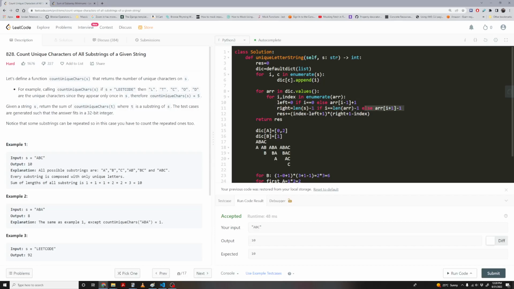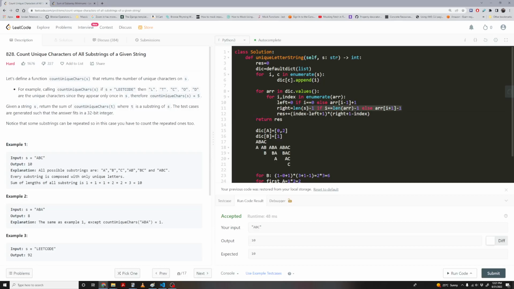But for other ones, for this one, what is the right hand side? It's going to be this value 2 minus 1, which is 1. So if we are considering the right hand side for this one, it can go up not to the a but to the b, so minus 1.